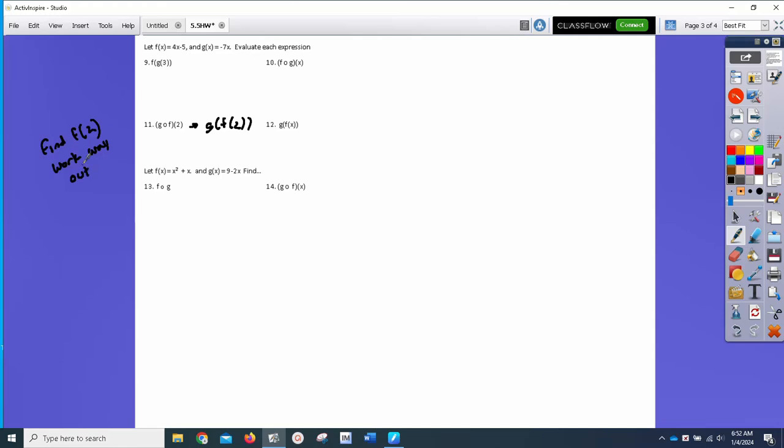I can find f of 2 by simply plugging a 2 in right there. So f of 2 is 4 times 2 minus 5, which is 3. And now since I know that this is 3, I'm going to find g of 3 by going to g and plugging in a 3. And that's how hard the problem is. I mean, there's my answer.